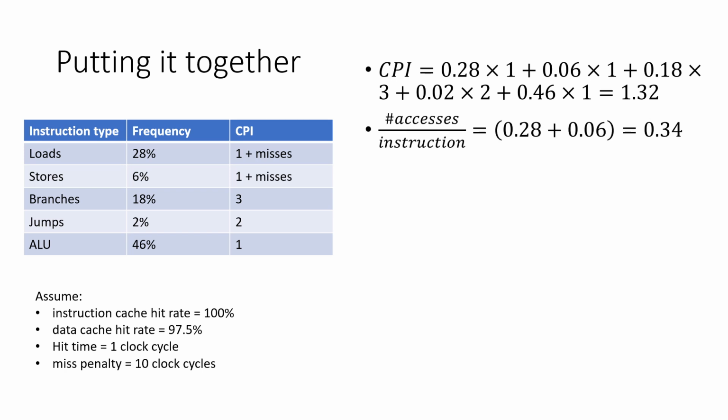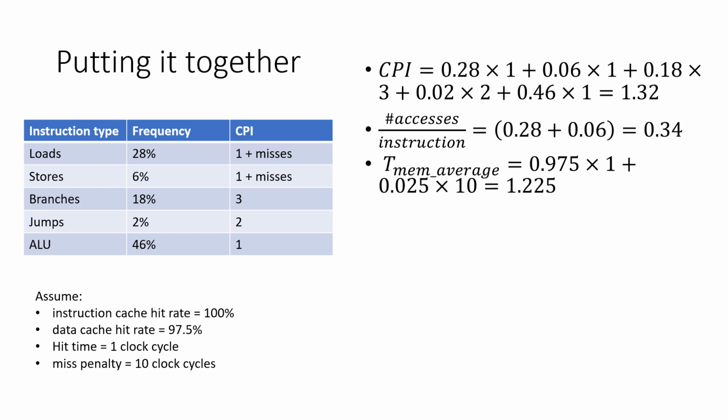Then we need to calculate the number of memory accesses per instruction. This is essentially the relative frequency of load and store instructions, which means 0.28 plus 0.0006, which is 0.34. The average memory access time can then be calculated as shown, and we get 1.225 clock cycles.